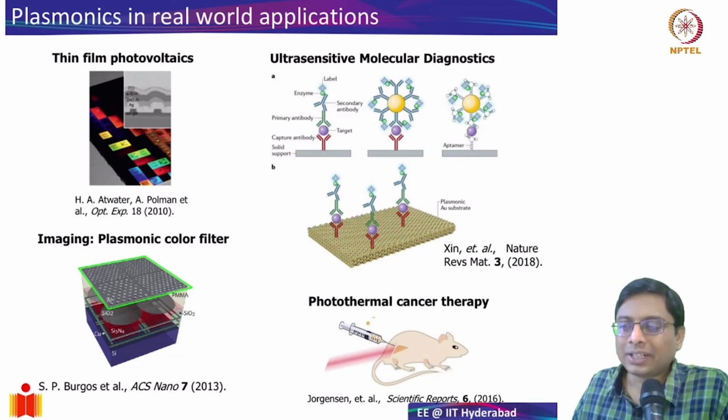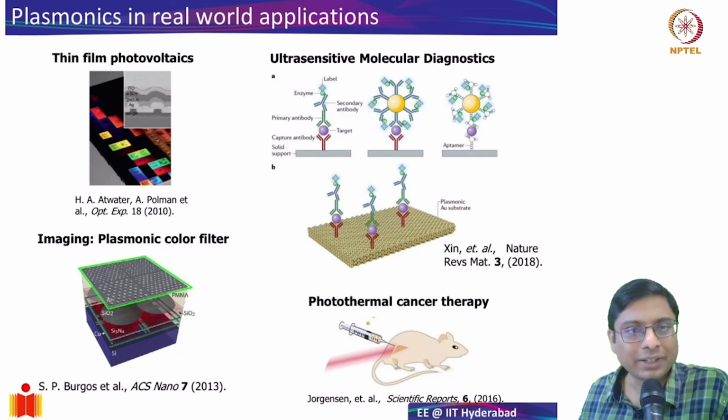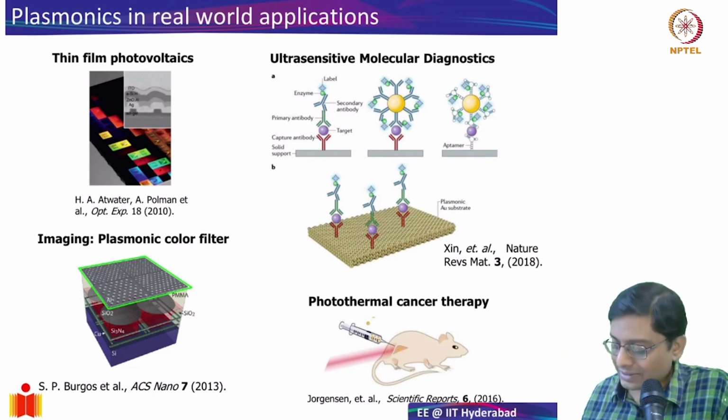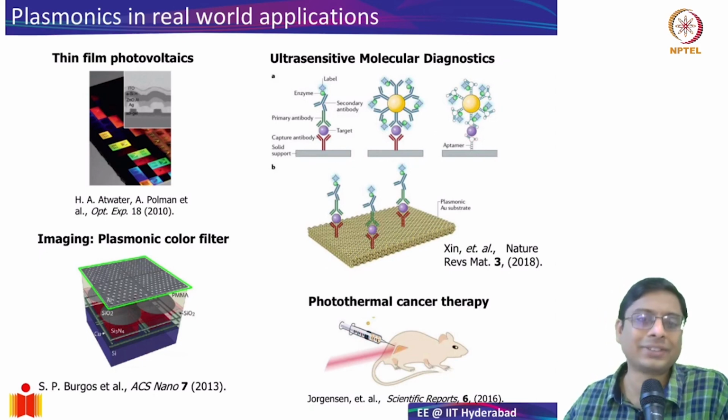So it turns out that if you inject a particle, this is done in, I think, rats, wherein it has a tumor, and then you inject this solution containing nanoparticles, which are sensitive to IR radiation, and I inject locally. I try to attach some molecules to this nanoparticle, such that they go and attack the cancer cells. They attach themselves to the cancer cells.